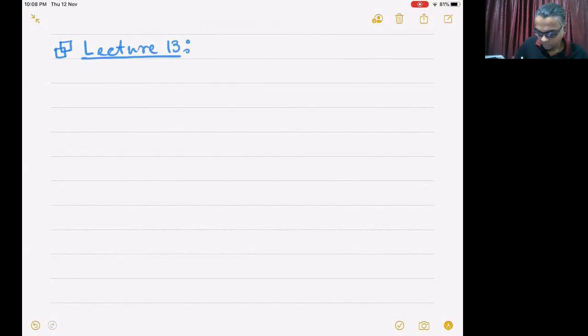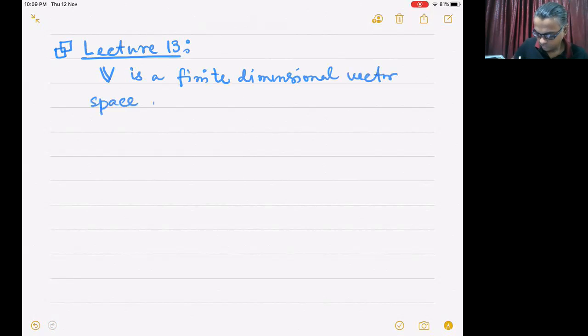V is a finite dimensional vector space over the field of scalars F, and A happens to be a linear operator from V to itself. The question is to do block diagonalization.